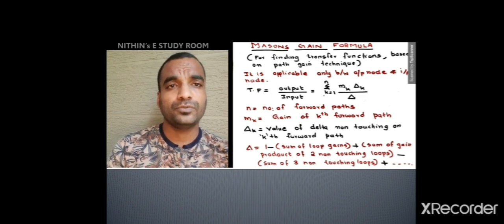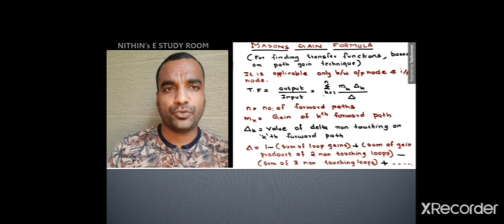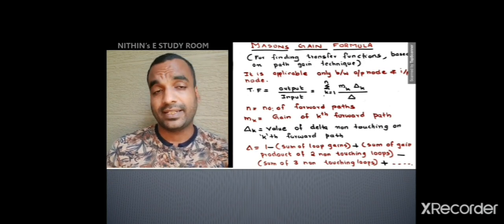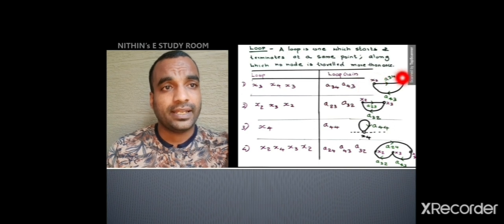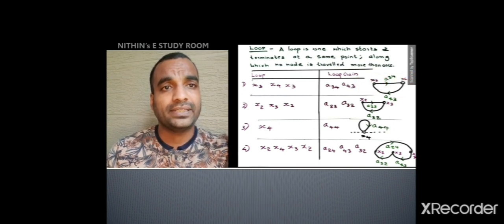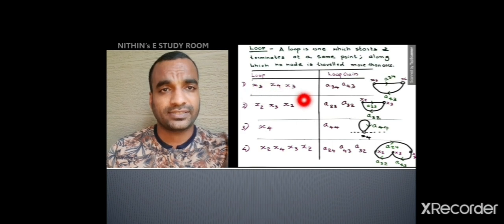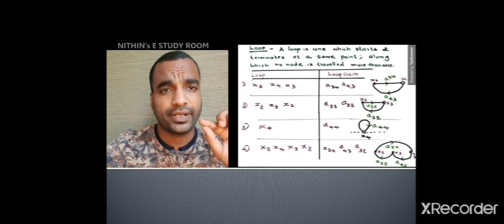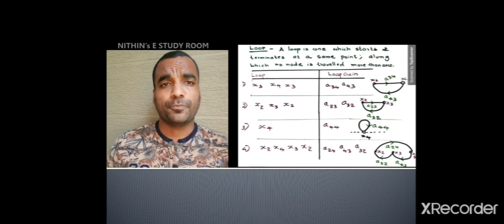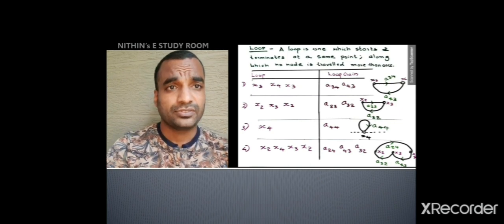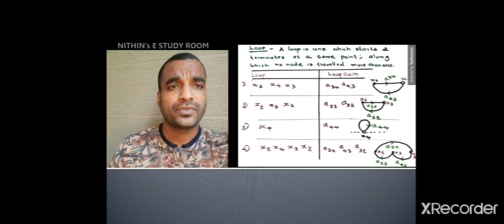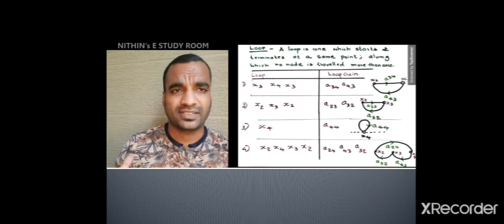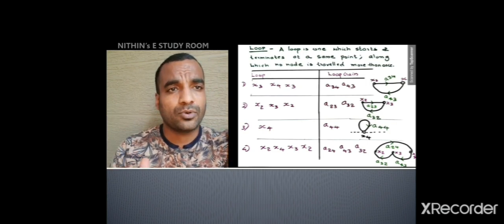Anyhow, in Mason's gain formula, you will always be using the gain terms. I will show you. Here you can see node x3, x4. So the loop is named x3, x4, x3 because a loop starts from one point and ends on the same point. But according to Mason's gain formula, you don't need to worry about the names x3, x4, etc. You have to be very clear only about the gain values.